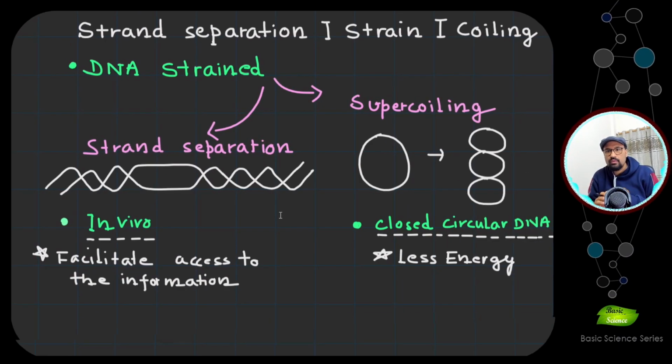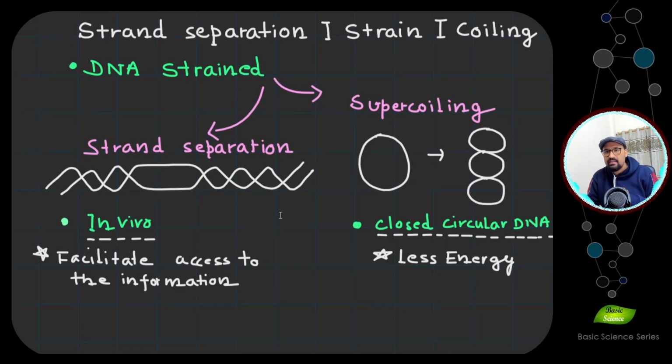All right, so now we are in the second part, and whenever the DNA is strained, maybe DNA underwent the unwinding process where cellular machinery is stretching the DNA, or some other forces are causing the DNA strand to stretch, two possibilities arise.